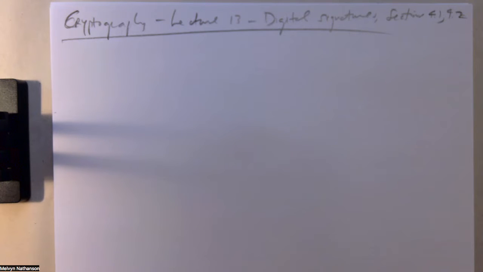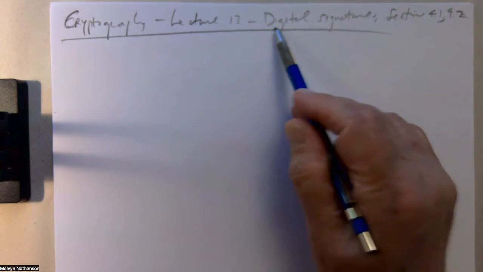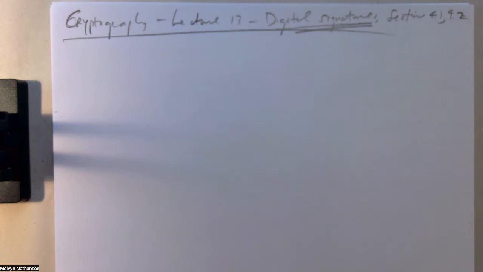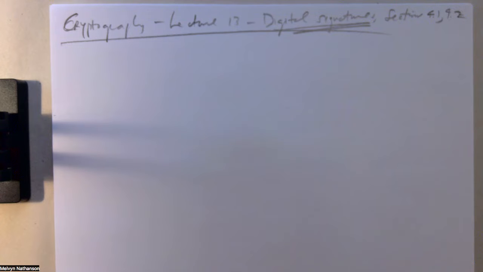So we would like some way that if you're sending a message, you can sign it. And because your signature is on it in some digital encrypted way, the person who receives the message can know for sure that it was you who sent the message and no one else. So this is the problem of what are called digital signatures. In this short chapter, there are two digital signature methods discussed.